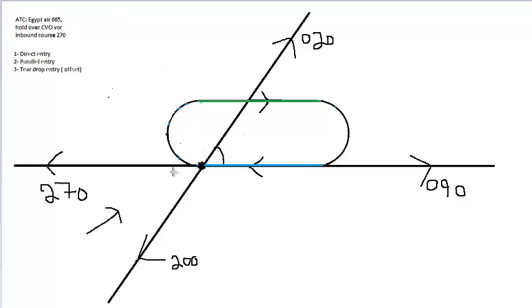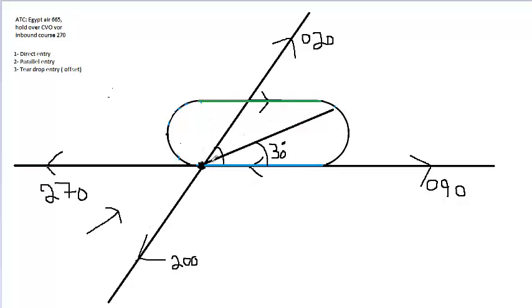Once we are over the VOR, the second step is to fly a slight turn of only 30 degrees. This angle is only 30 degrees for a teardrop entry.